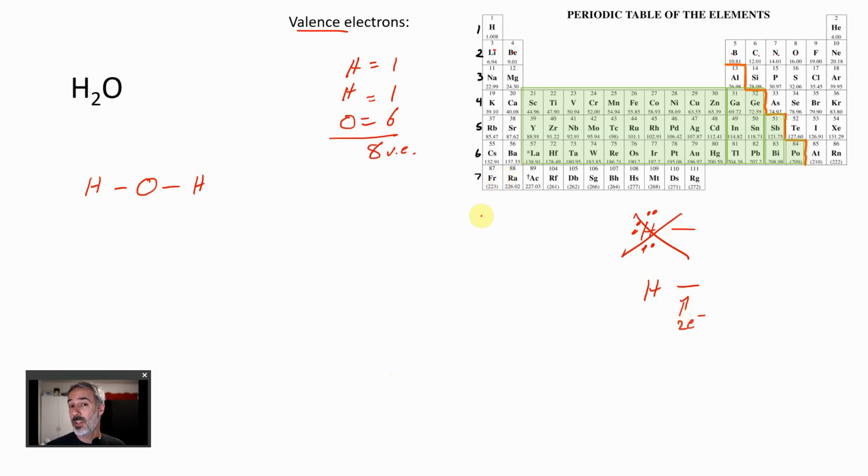Well, the reason is because it is satisfying the octet rule. Remember that the octet rule was not really saying that all atoms need to have 8 electrons. It says all atoms will gain or lose electrons to become isoelectronic with a noble gas. Oxygen does need 8 electrons. It has 6 valence electrons, and it would need to gain 2 to become isoelectronic with neon, just like chlorine would need to gain 1 to become isoelectronic with argon.